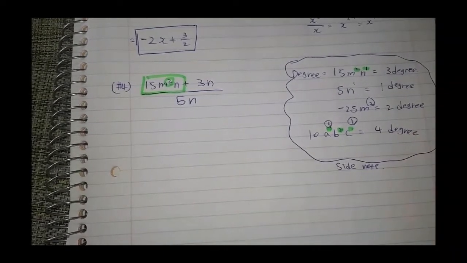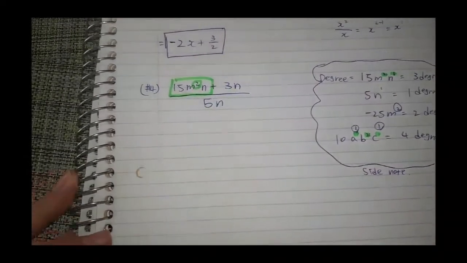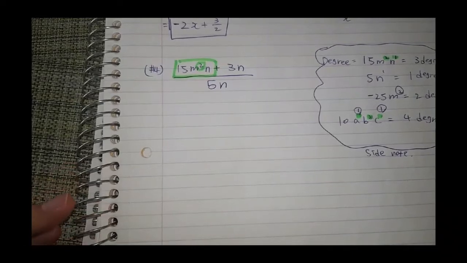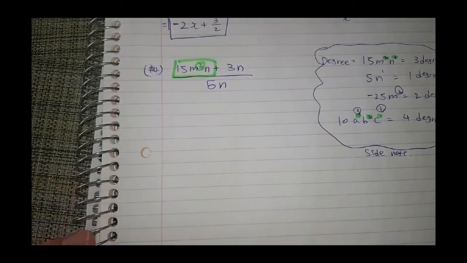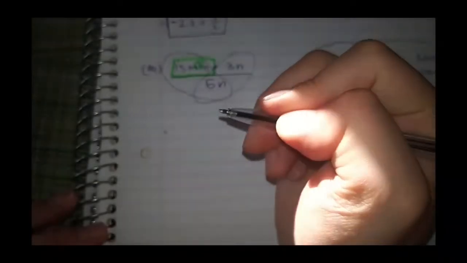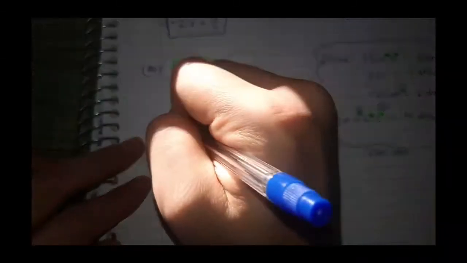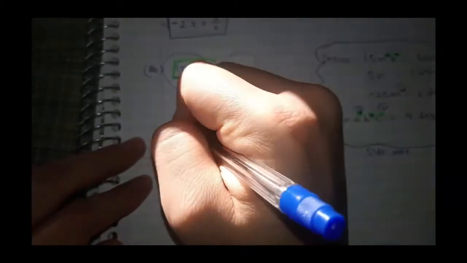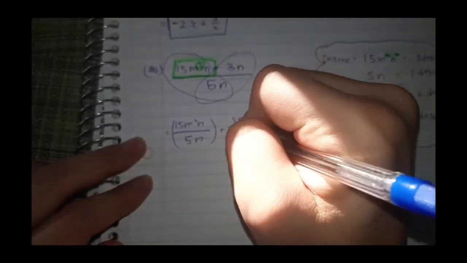And the reason we are doing that is because obviously we have more than one type of variable, and at the same time we are dividing each of the components. So even if 3 and 5 don't work, it is important to separate them, ladies and gentlemen. So 15m squared over 5n plus 3n over 5n.